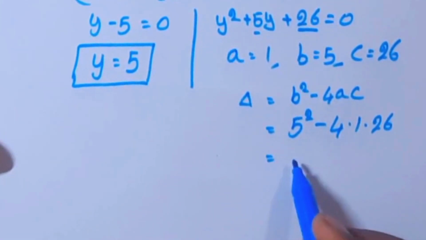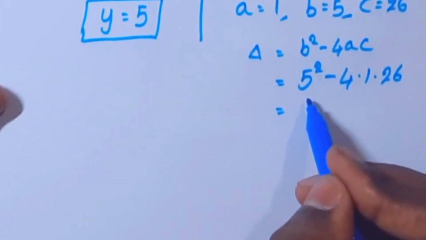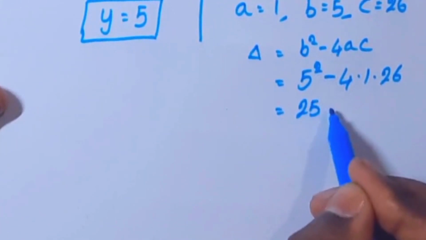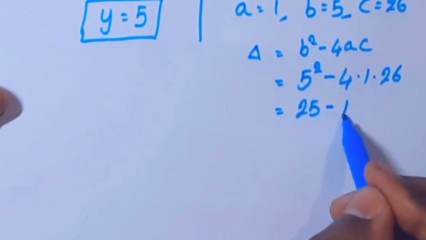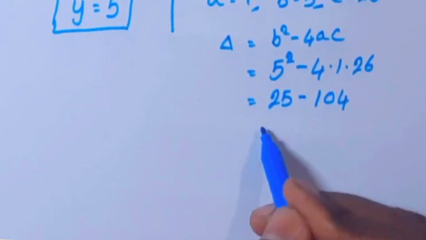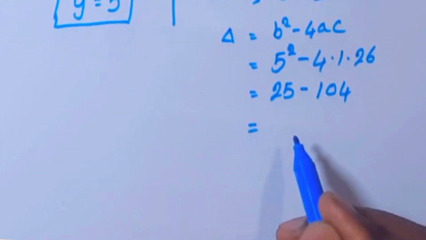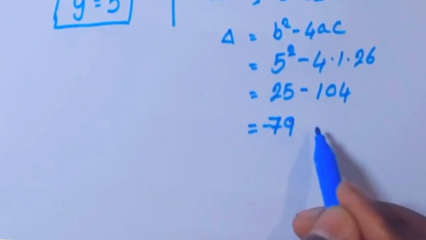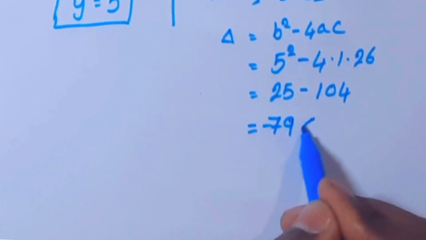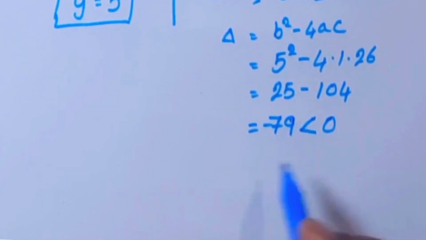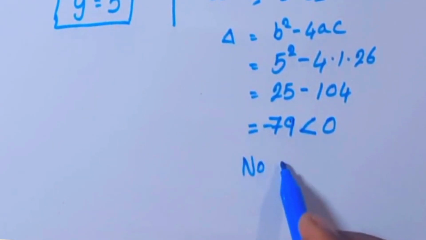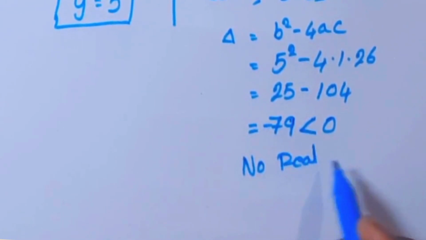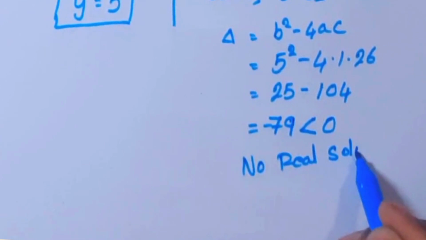Now 5 square is 25 minus 104. So minus 79, which is less than 0. So no real solution from this equation.